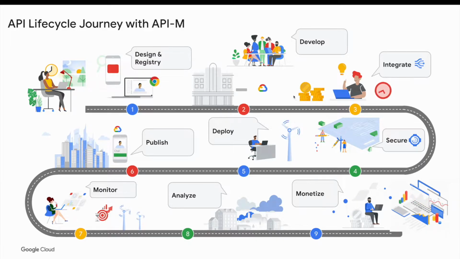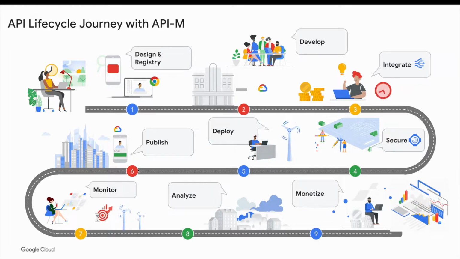Then your developers would need to develop the APIs, and they should be able to do it rapidly without having to do a lot of extra or repetitive work. Then the systems need to be integrated with the APIs, and then you want to apply industry standard security across all layers of the API stack. Then the API should be deployed on a reliable and scalable platform.